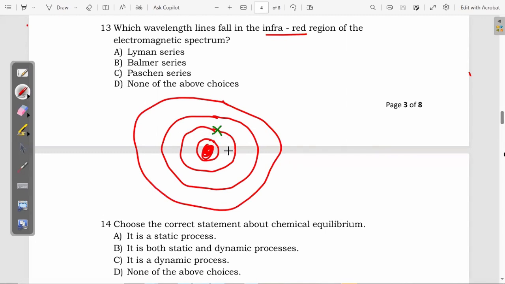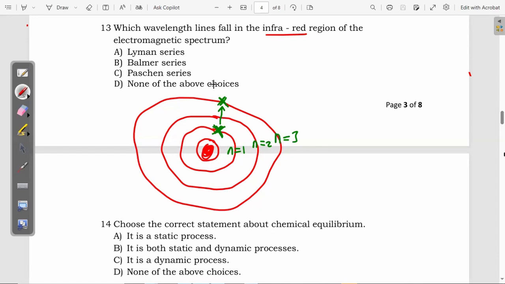So this electron is in n=1. This is n=1, this is n=2, this is n=3. This electron in n=1 can gain energy and jump to n=3. So it has made an energy transition from a lower energy level n=1 to a higher energy level n=3.